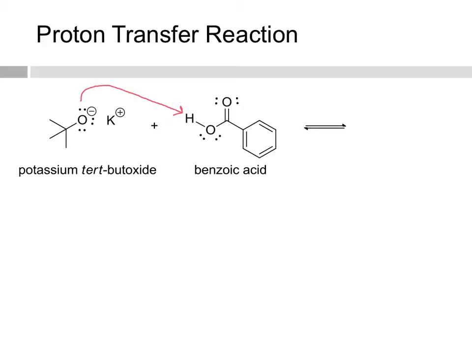Remember that hydrogen cannot have more than 2 electrons, and so we're going to break this oxygen-hydrogen bond, and those electrons go back to oxygen. So our product from this reaction is going to be butanol.